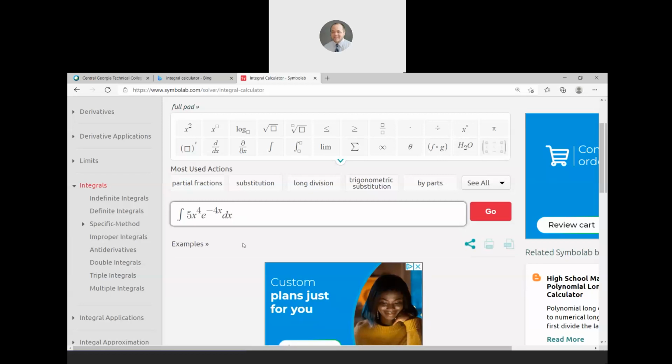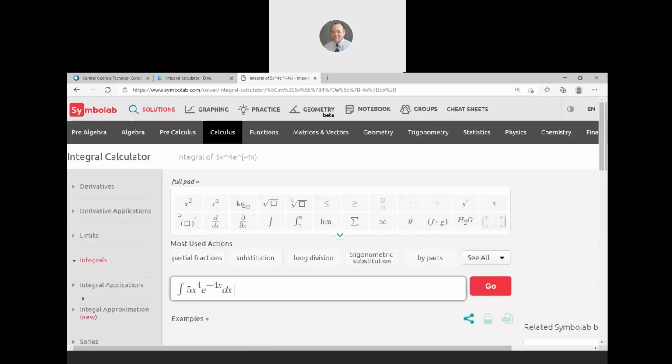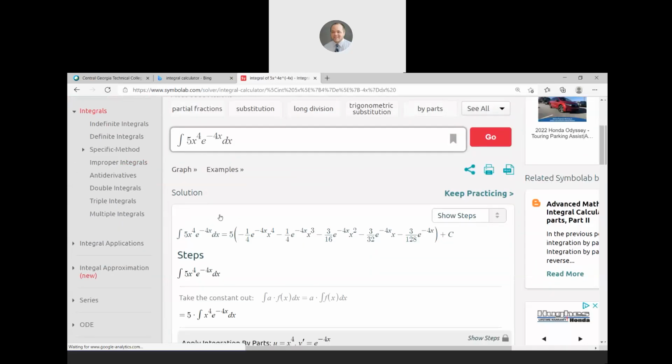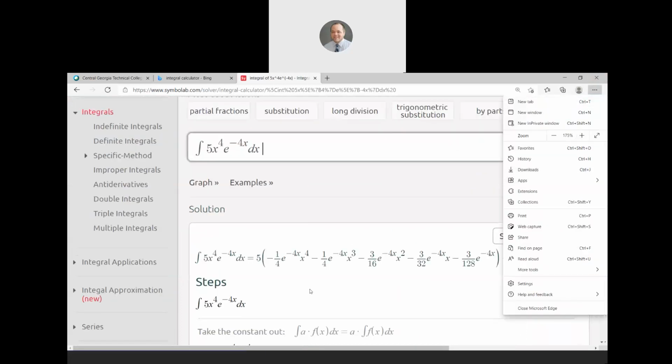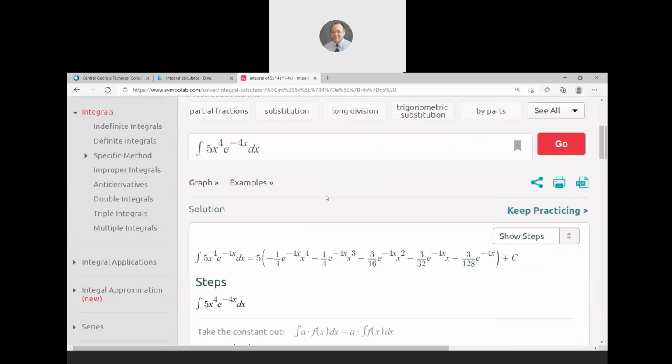Now, when you see how long the answer is, it probably took using integration by parts, maybe at least 3 times, maybe even more. So that's why I don't mind. See how long the answer is. That'll be fun to do by hand, right?